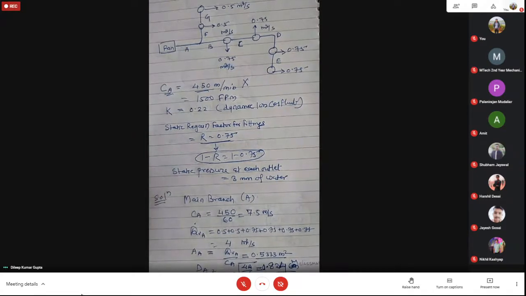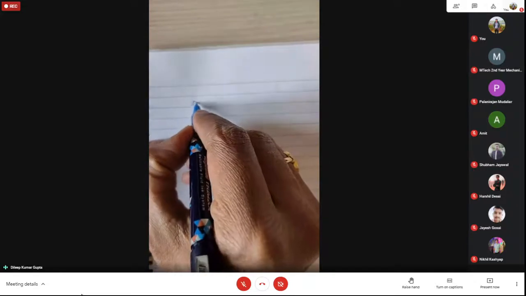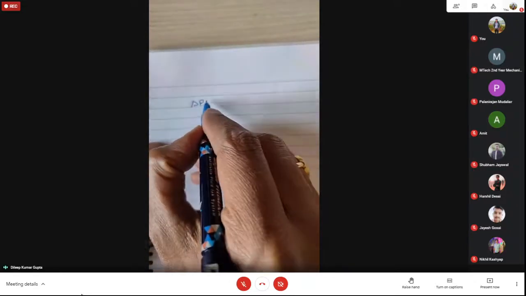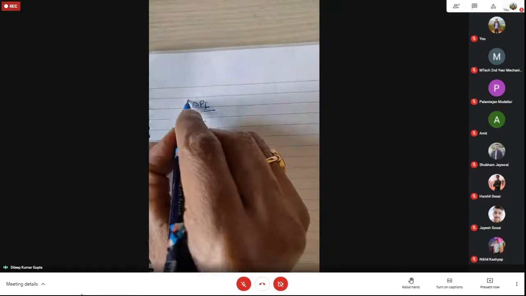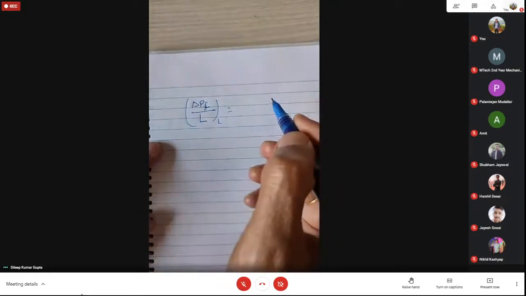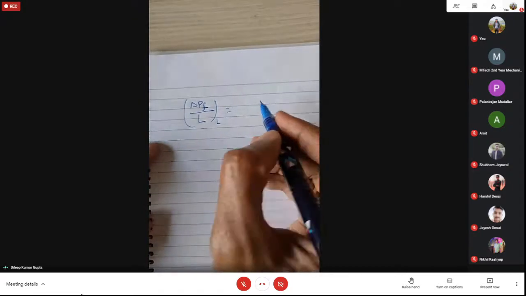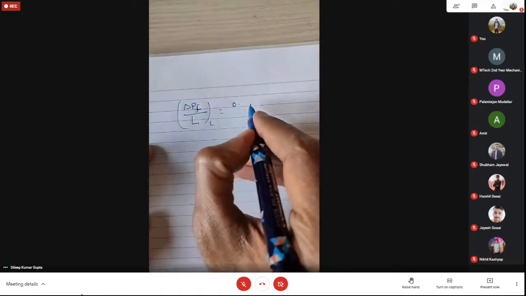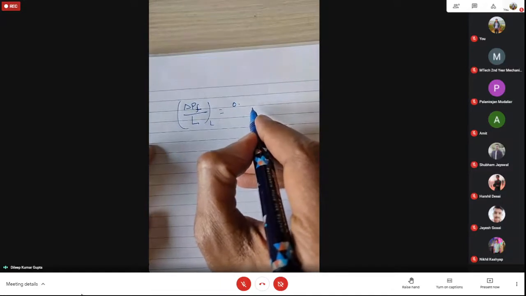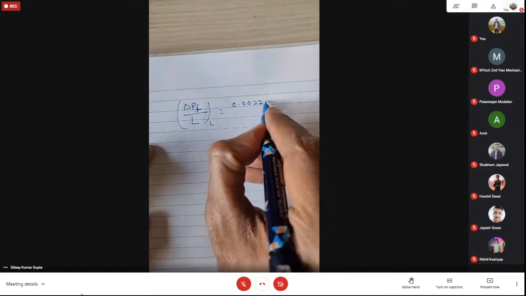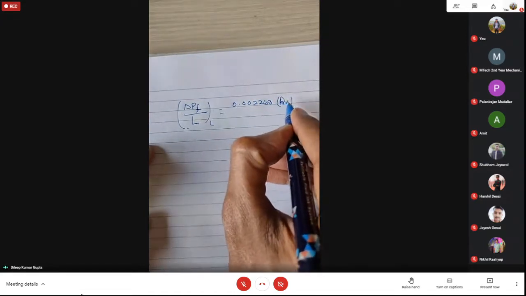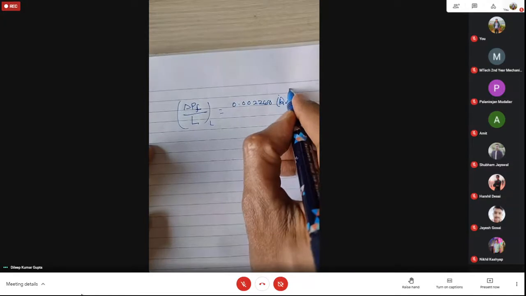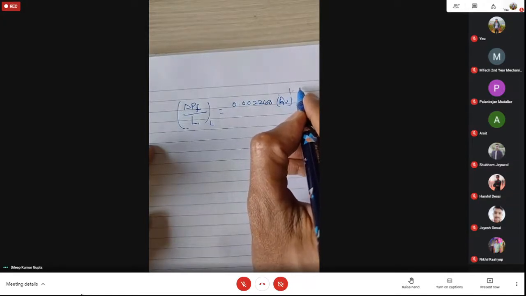Now, if you are using the equal friction method, you have to calculate the friction loss, delta P_FL, divided by the per meter length losses. That will be equal to, you can see the correlation given here, 0.002268 times the volumetric flow rate Q raised to the power 1.852.